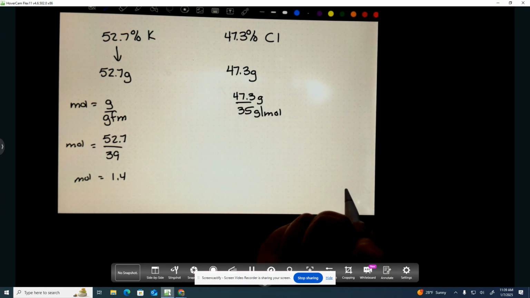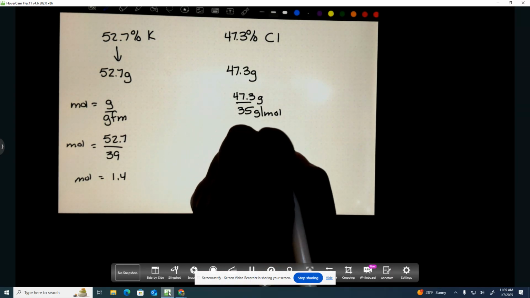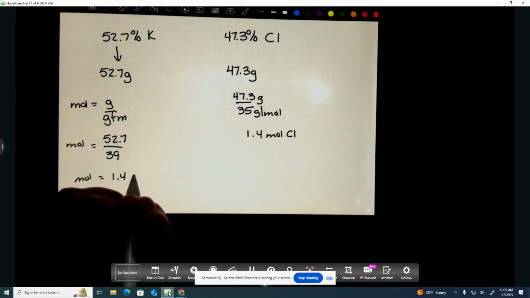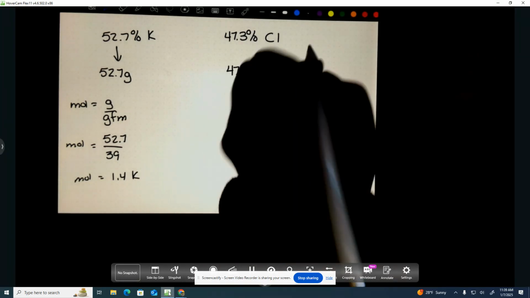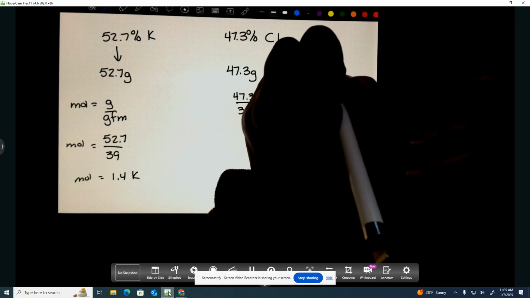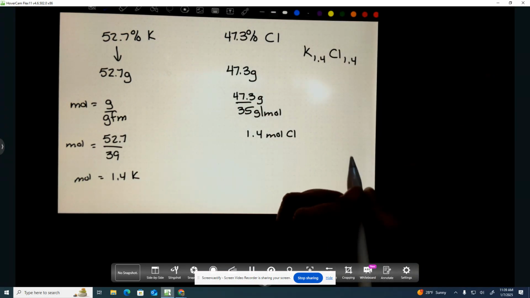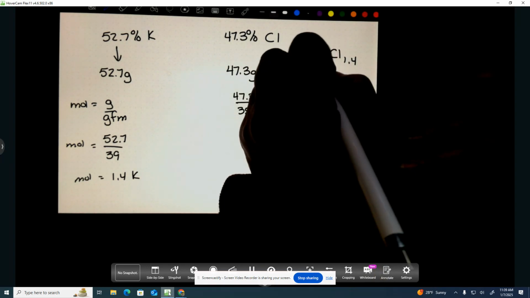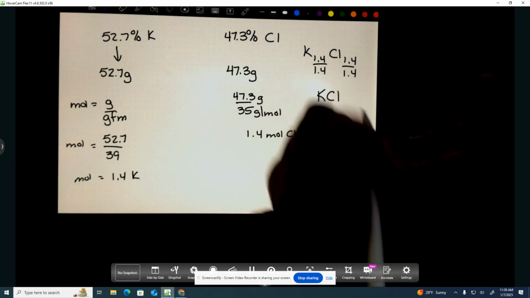I'm just changing grams to moles. And then we're going to end up with 1.4 moles of chlorine as well. This was potassium. So my ratio looks like this: K 1.4, Cl 1.4. And it's just KCl, because I'm going to divide by the lowest one. They're the same this time. KCl.